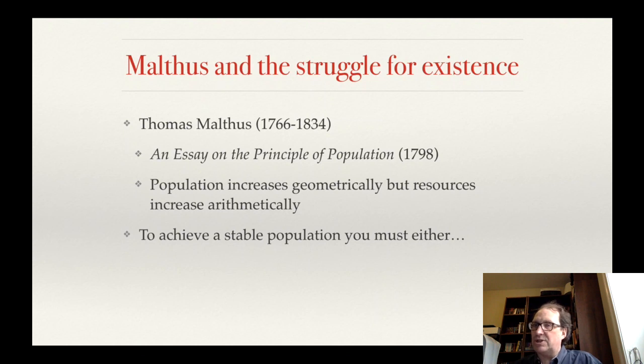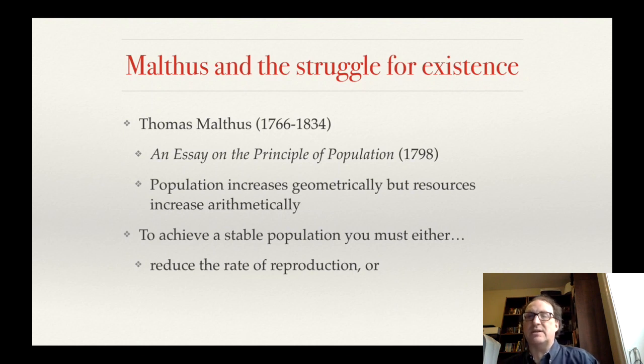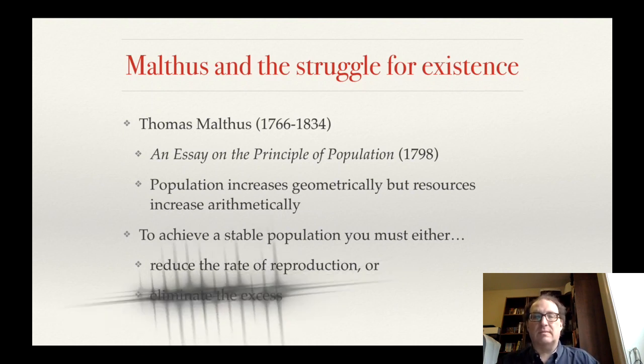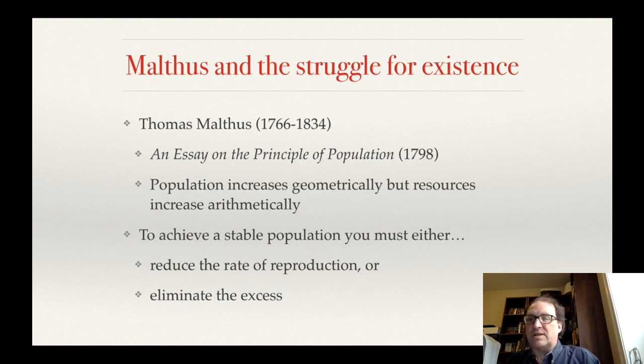And so to achieve a stable population, only two things are going to do that. You have to reduce the rate of reproduction to match the available resources, or something has to happen to cause a die-off among the excess.